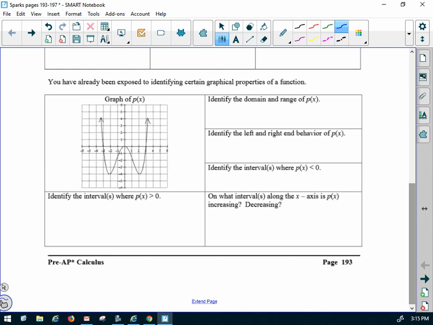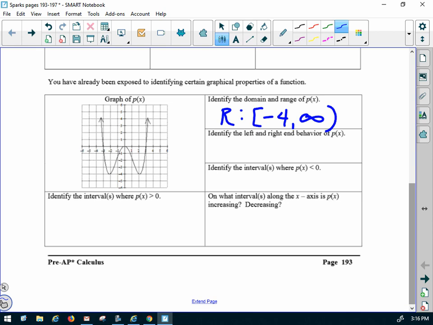What's the domain of that function? All real numbers. Good. What's the range of this function? -4 to infinity. Let's just talk it. As x approaches negative infinity, the function approaches infinity.